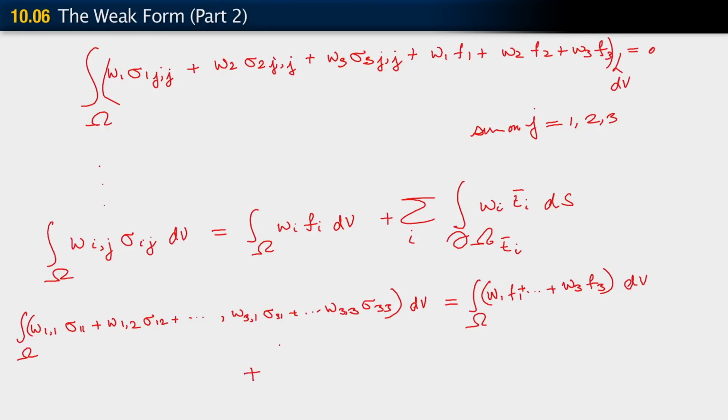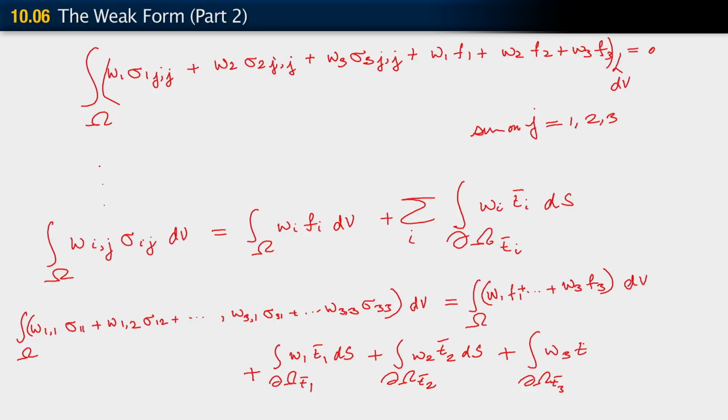That is the integral over the Neumann boundary subset t bar 1 of w1 t bar 1 ds, plus the integral over t bar 2 of w2 t bar 2 ds, plus the integral over the third Neumann boundary subset of w3 t bar 3 ds.